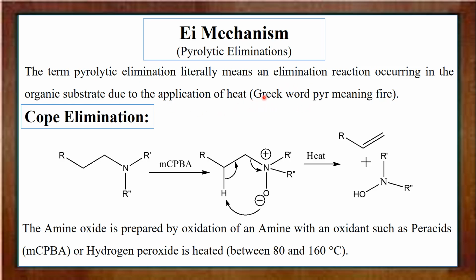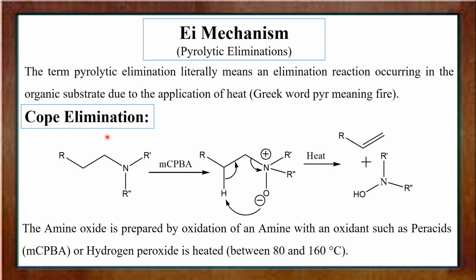Pyre is a Greek word which means fire. That means by the application of heat, we are conducting the elimination reactions. There are three important pyrolytic eliminations we are going to discuss. The first one is Cope elimination.